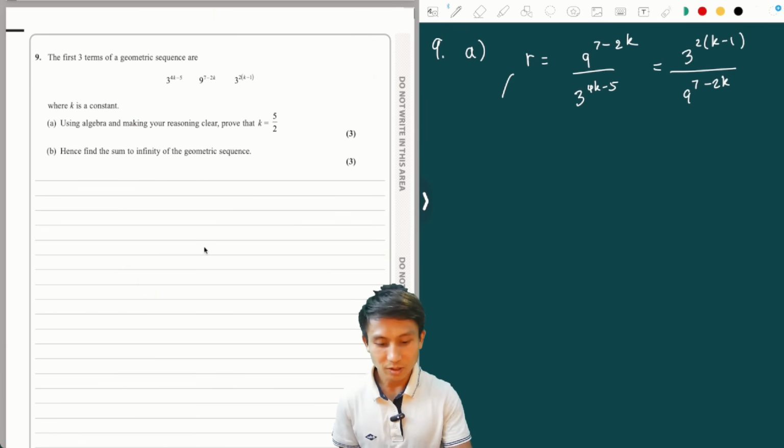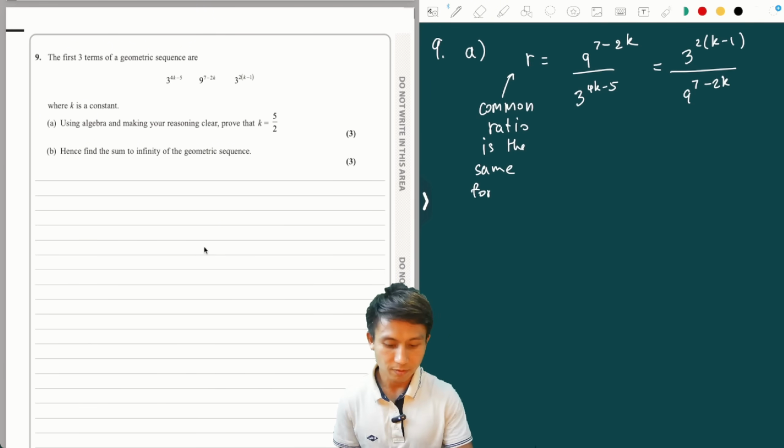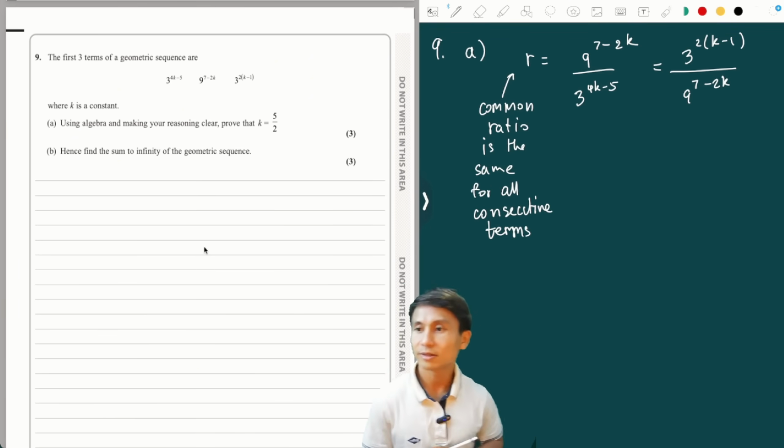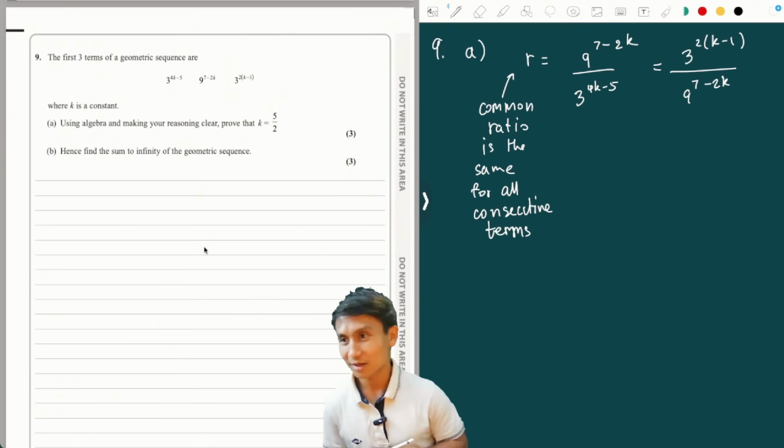So r being the common ratio here is the same for a consecutive term. I'm just writing the reasoning here just in case it wants that.